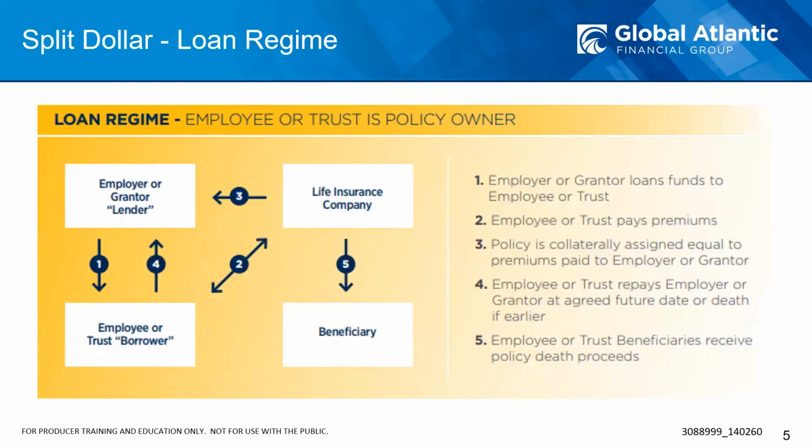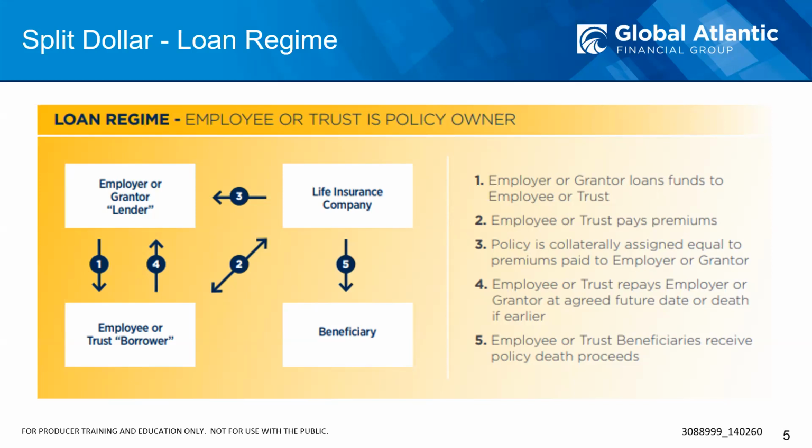All right, so here's a quick graph of what loan regime split dollar is. So you see in the top left box, you see the employer, and they are going to loan funds to the employee, and the purpose of that loan is to pay the premiums on the life insurance policy.